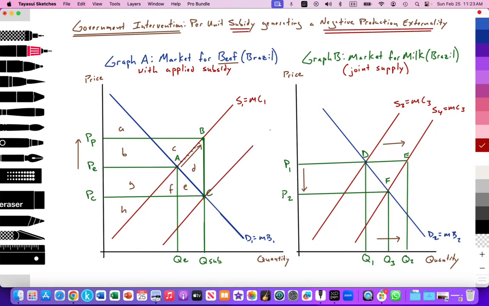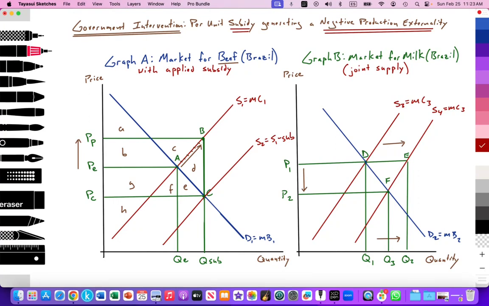Okay, so here we have S2 equal to S1 minus the subsidy provided. So that's your typical subsidy model. I'll first analyze graph A in terms of a subsidy, and then we will evaluate.